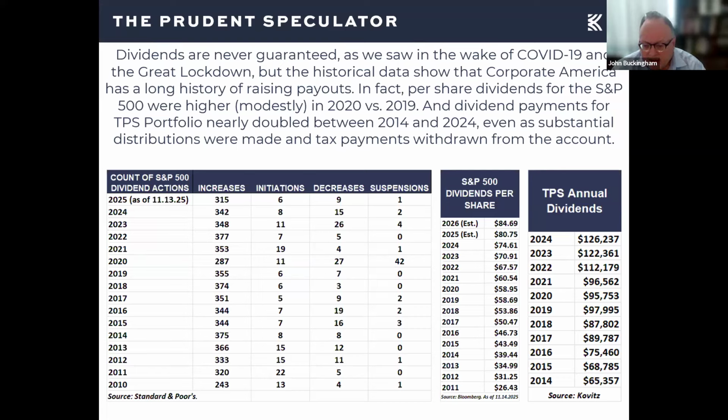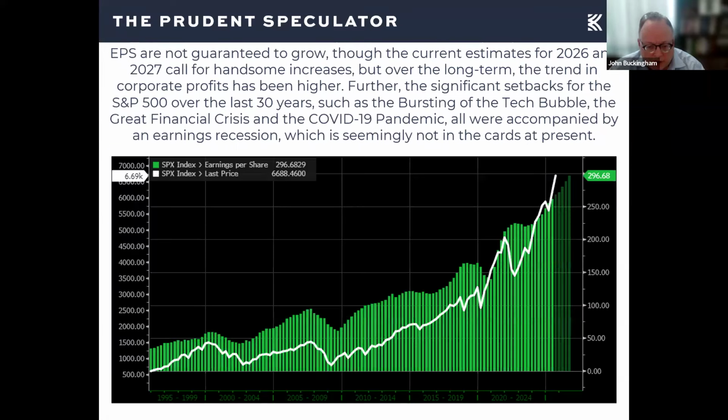And then if you look at the TPS portfolio, that account has had money withdrawn out of the portfolio, and yet the dividend payments have doubled over the last 10 years. So dividends can be very valuable and are certainly a significant component of total return.